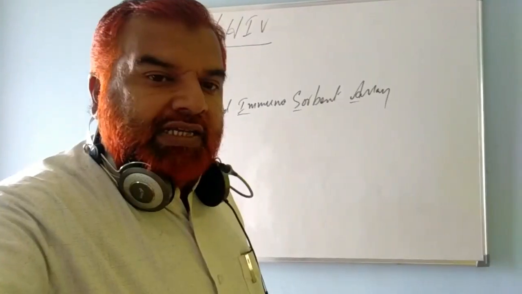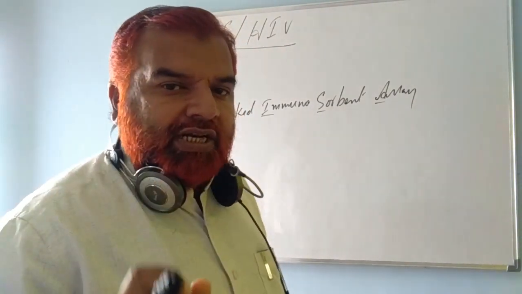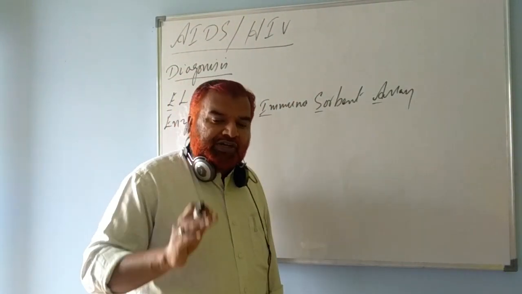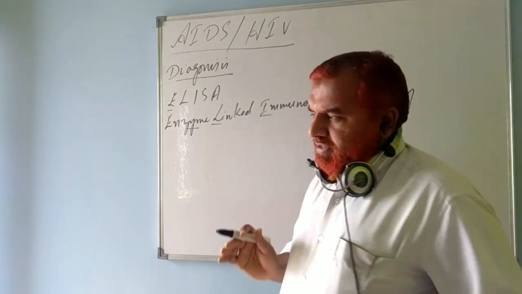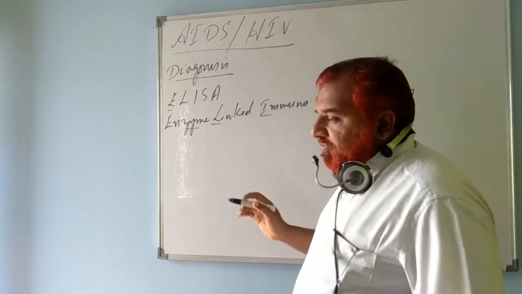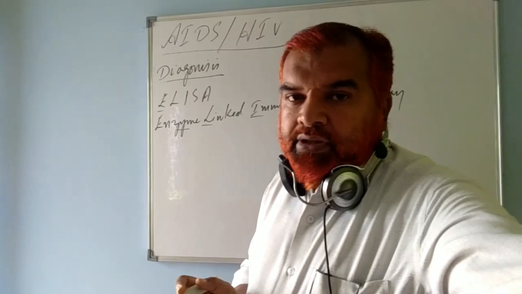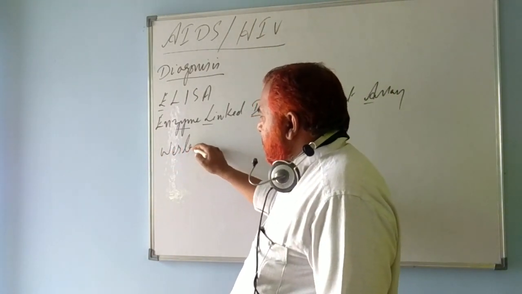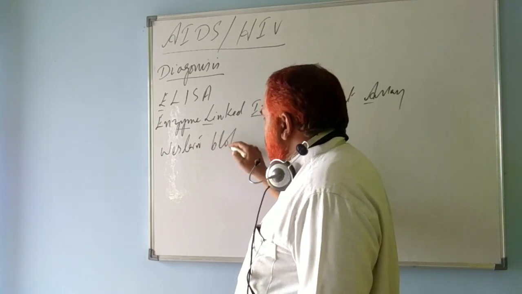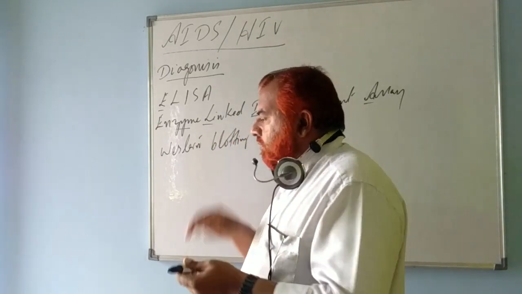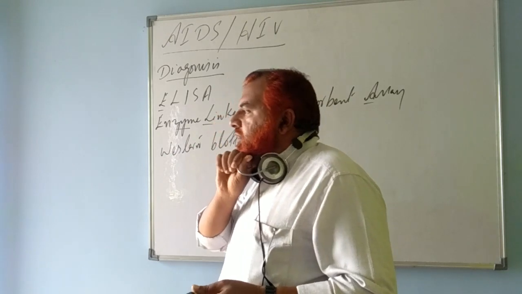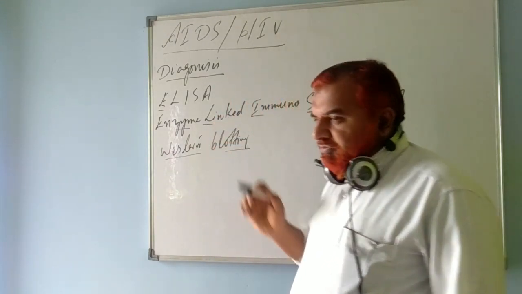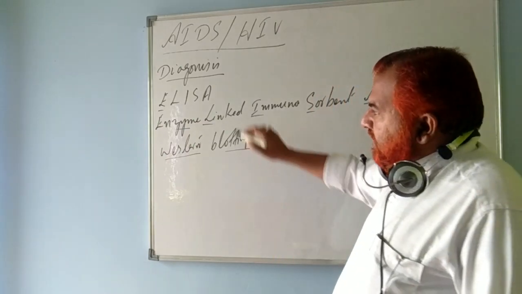ELISA is basically a general technique which helps in the detection of viral infections or viral diseases. And the other is known as Western blotting. Western blotting is a technique where the protein of this virus is detected. One is known as ELISA.